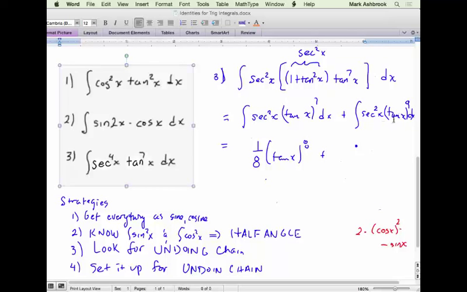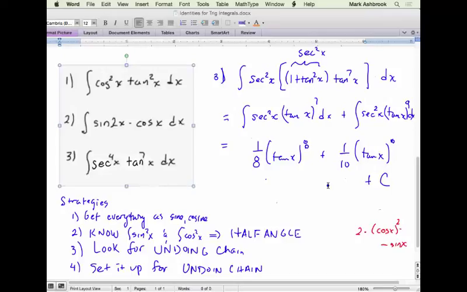And then this will be, what, 1/10 tangent x to the 10th. Okay, questions on this one?